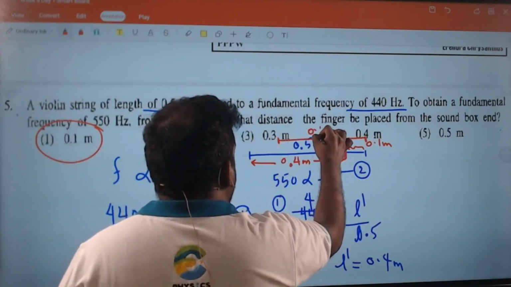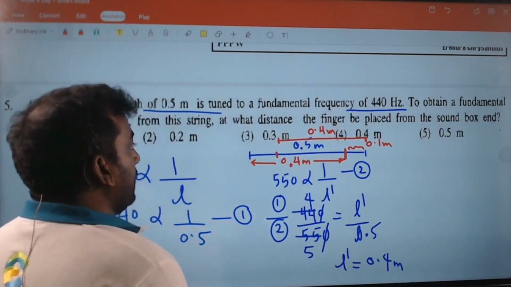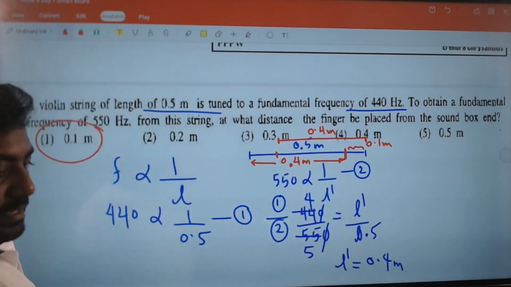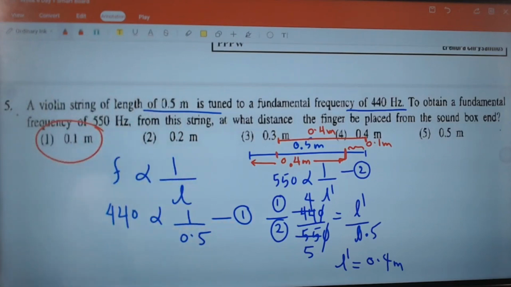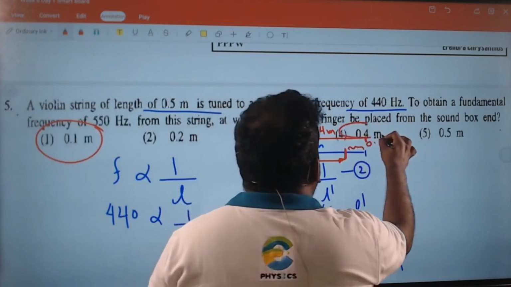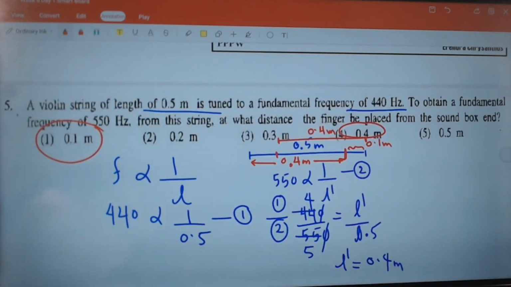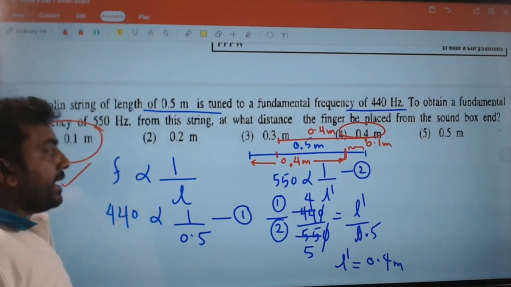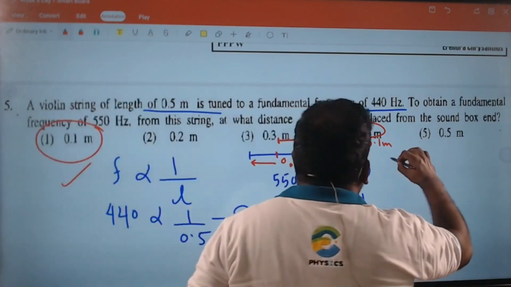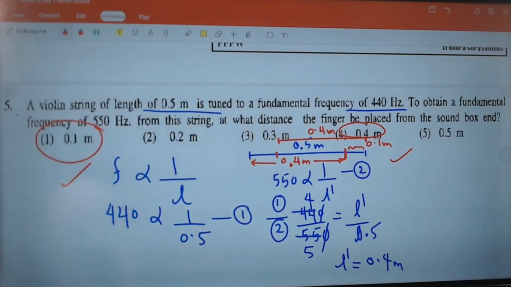If I measured from this end 0.4, then 0.4 meters is also accepted. 1 and 4 both can be accepted because they have not told from what end. So in this particular question, 1 is also correct logically, 4 is also correct logically. Basic theory remains the same. Okay.